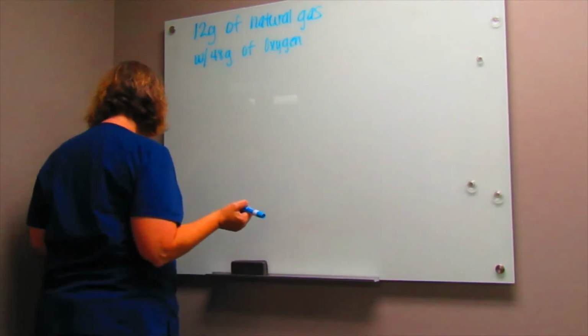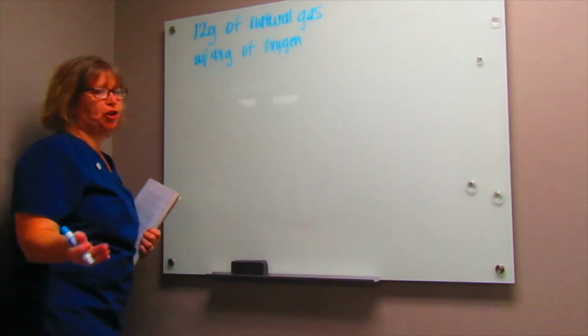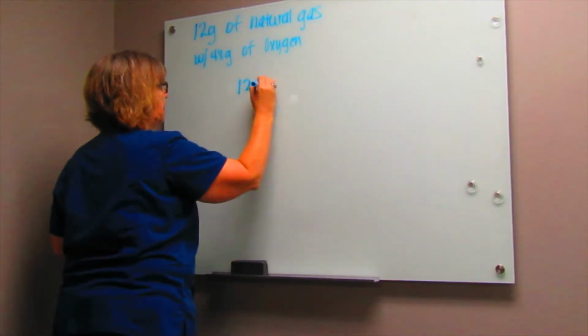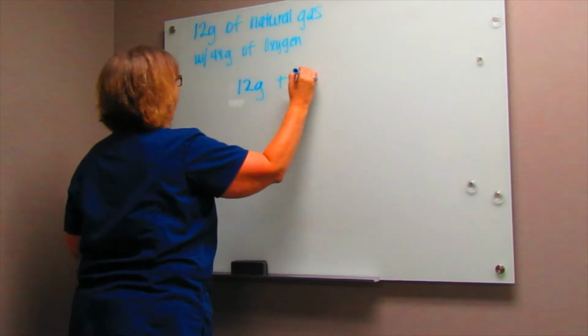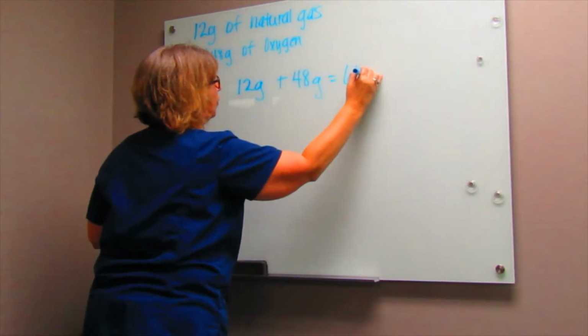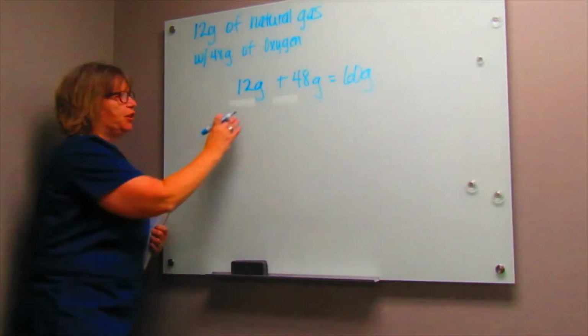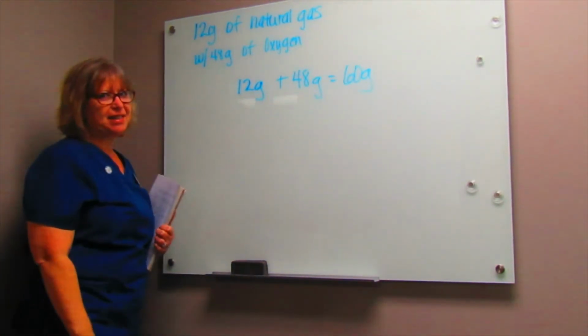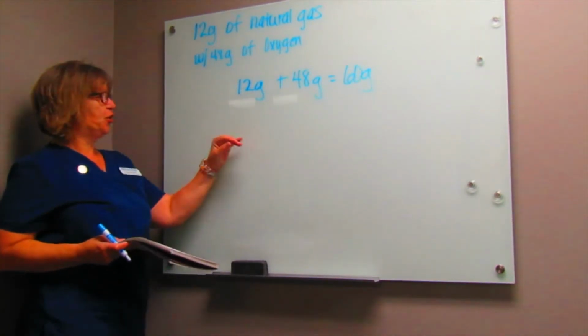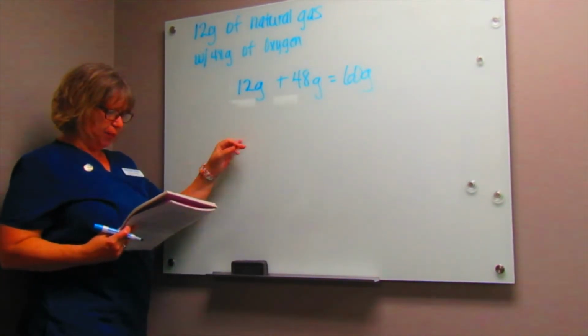To determine the mass of these two substances, all we would do is take 12 grams, add it to our 48 grams, and get 60 grams. So real simple, just adding. Probably the easiest thing we're going to do in chemistry, but I just wanted to show you this example.